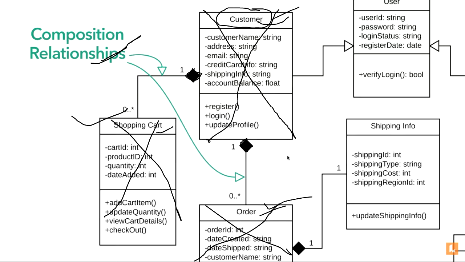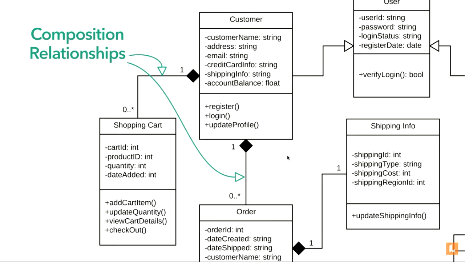If a customer deactivates his ID, deactivates himself from Flipkart, then automatically his cart and his orders will be deactivated. This means these child classes cannot exist without the parent class. What would happen if this were aggregation instead?